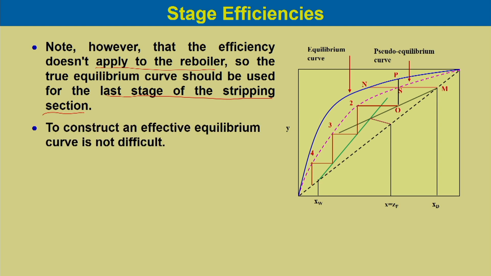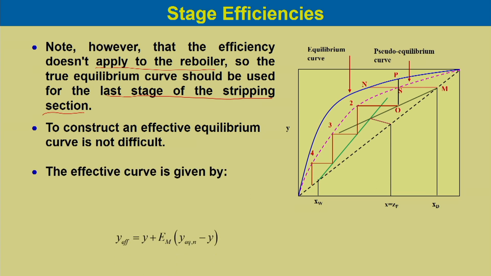Constructing an effective equilibrium curve is not difficult. The effective curve is given by y_effective equal to y plus E_M times (y_equilibrium,n minus y), where y_equilibrium,n is the equilibrium vapor composition of that tray, and y is the values of the operating line or operating equation.